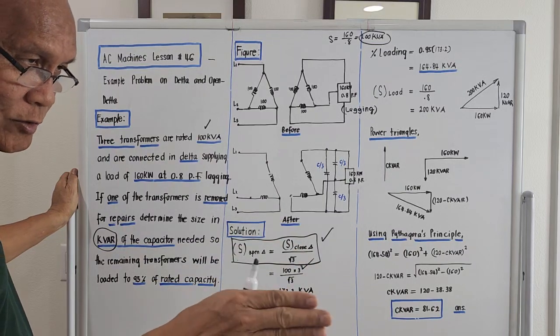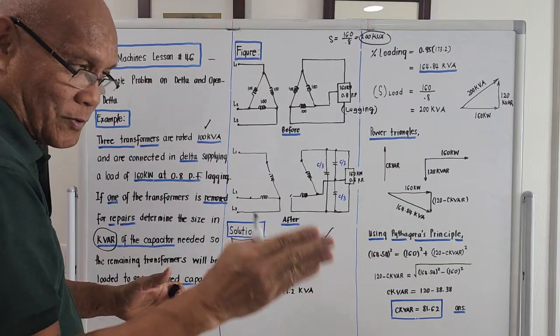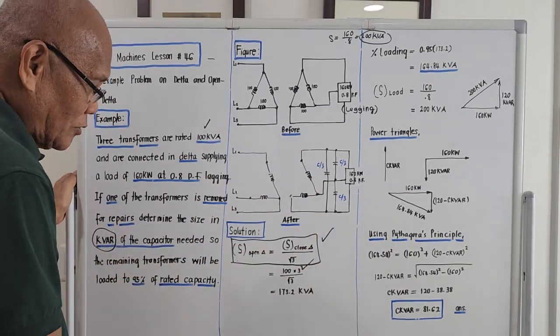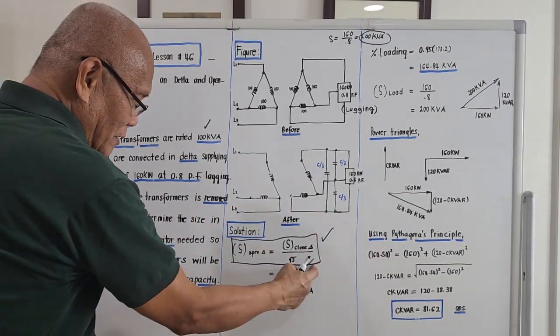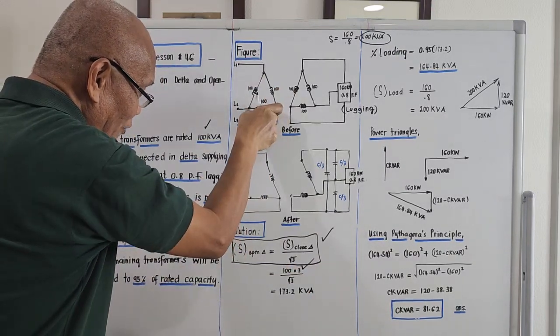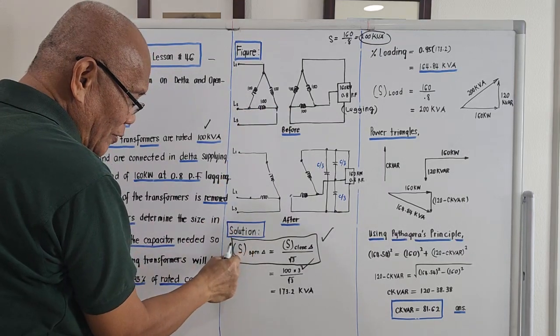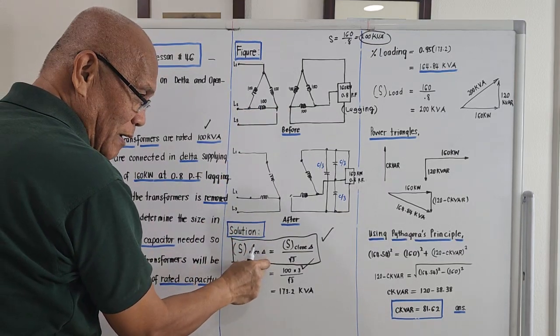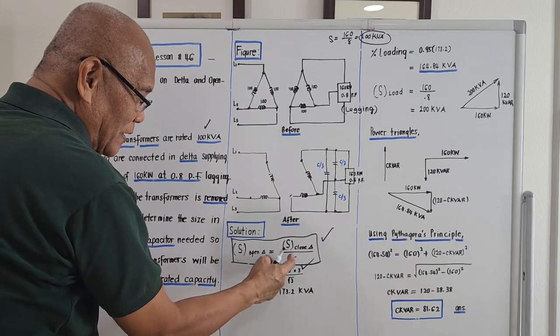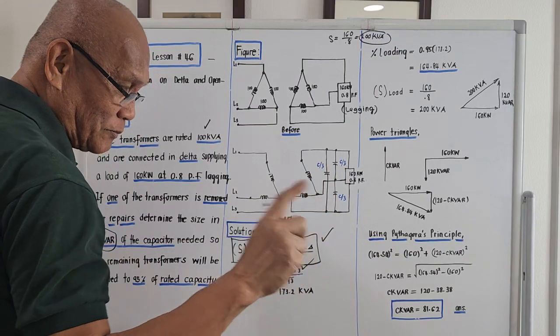It is only 57.735%. That was one of the annotations on the comparison of the open delta and closed delta from our previous lesson. So this is 100 times 3. Why times 3? There are three originally for the closed delta. To get the total apparent power that could be carried by an open delta, it will be this closed delta apparent power divided by square root 3, or only 57.7%.